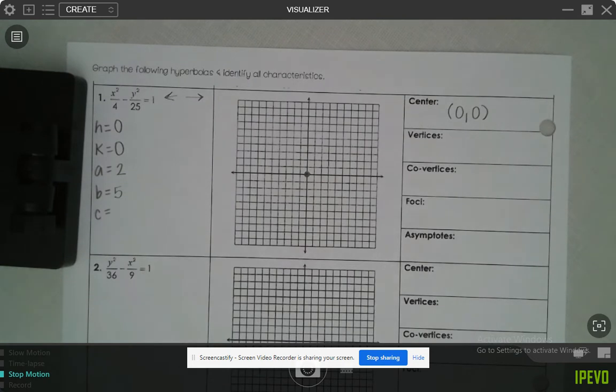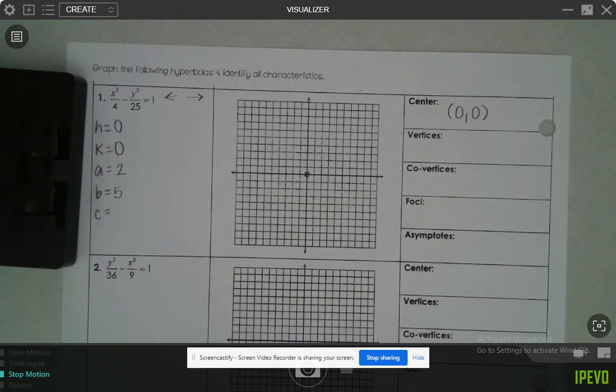All right. Now, vertices. What am I going to add, and which direction am I going to add it to? Which way does it stretch? Which way does it open? Left and right. What's my A value? 2. If you flip your paper over on the front, it says I have to find my vertices.